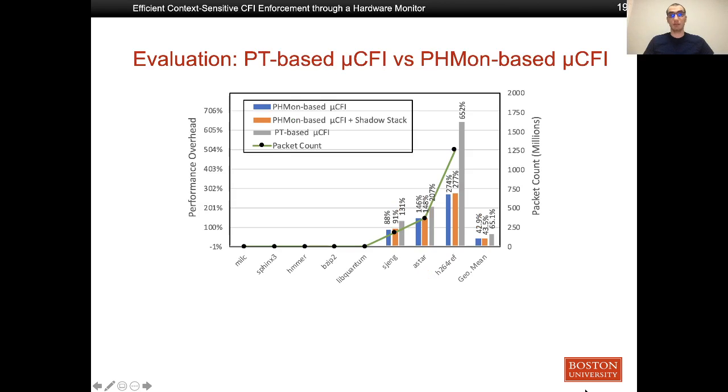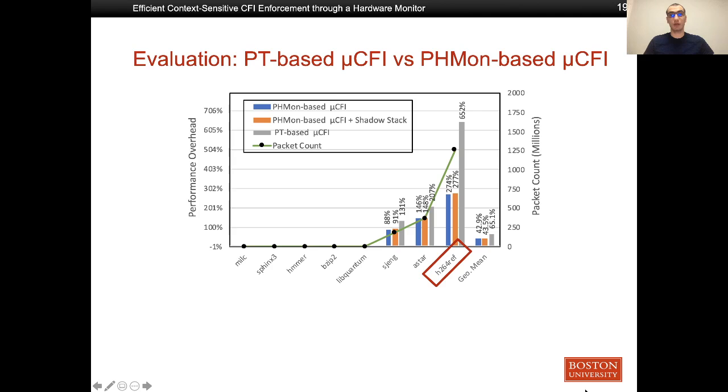Next, we evaluated both PT-based micro CFI and PHMON-based micro CFI when protecting forward edges. In the blue bar, you see PHMON-based micro CFI results, and in the gray bar, you see PT-based micro CFI results. As you can see, for the packet-intensive benchmark H.264, the performance overhead of PT-based micro CFI on a single core is around 650%, while it is 274% for PHMON-based micro CFI.